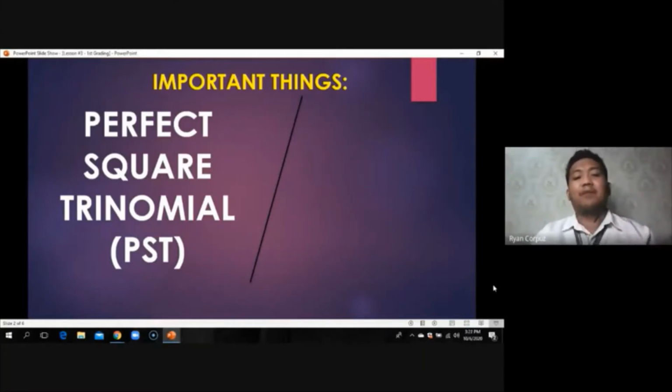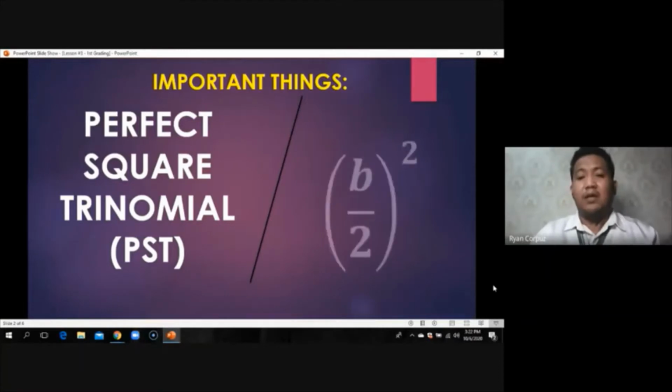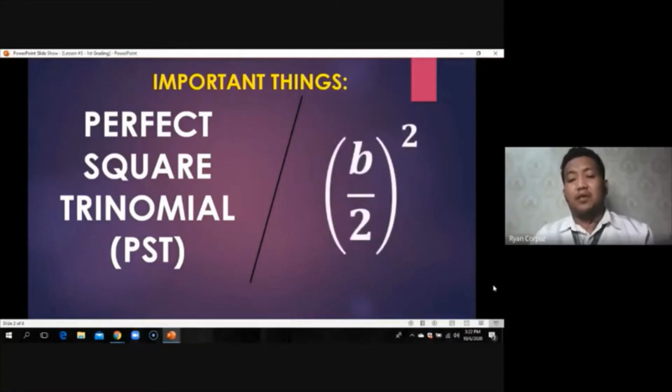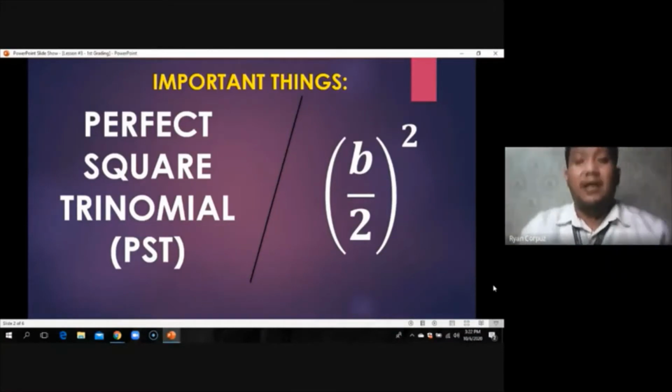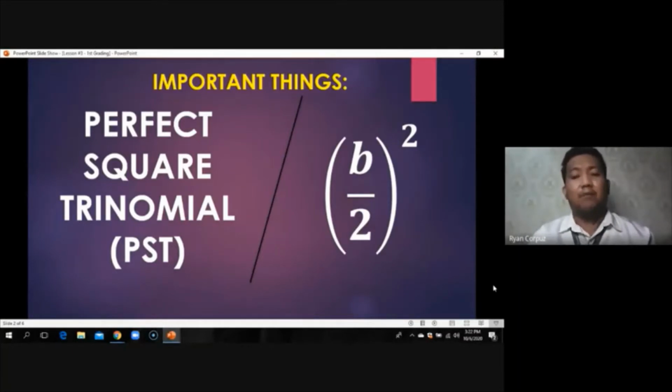So aside from perfect square trinomial or PST, another important thing which is needed in solving quadratic equation by completing the square is the expression b over 2 quantity squared. So that expression is very important. It's because that expression will help us in finding a number or term that will make us form a perfect square trinomial.